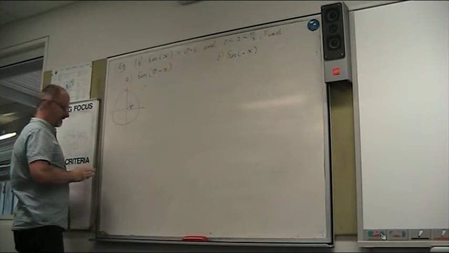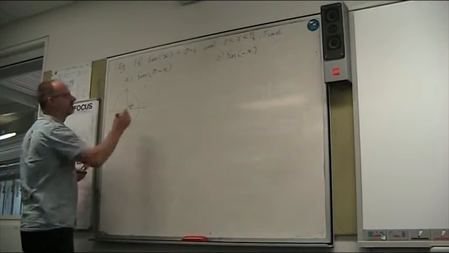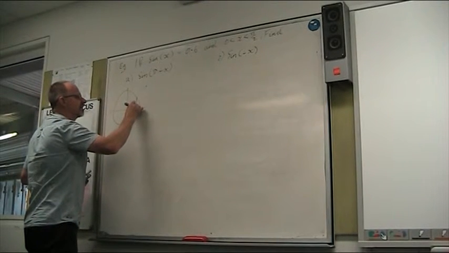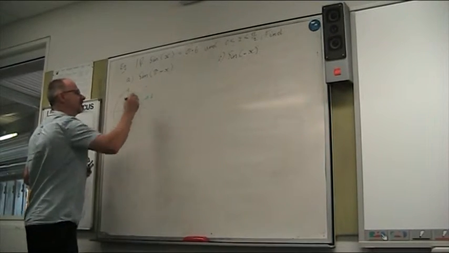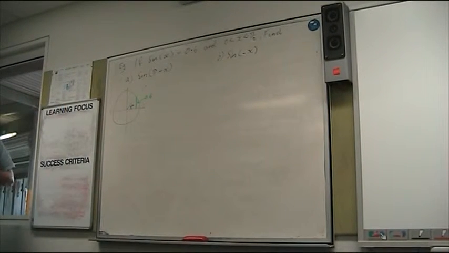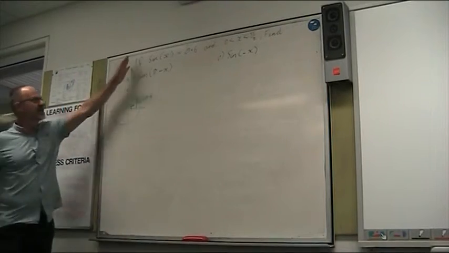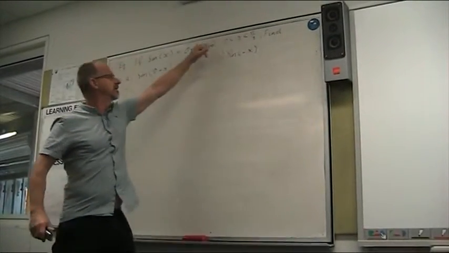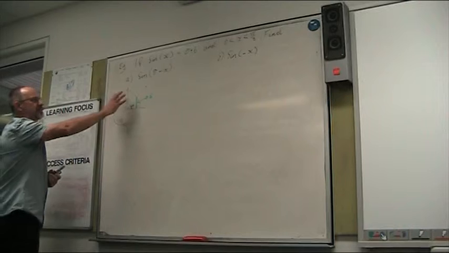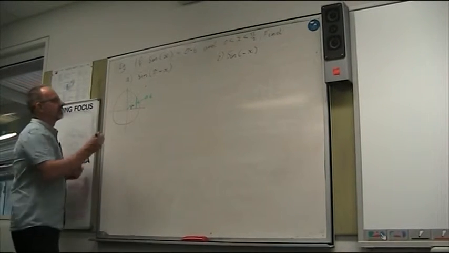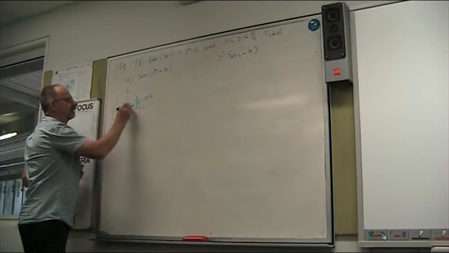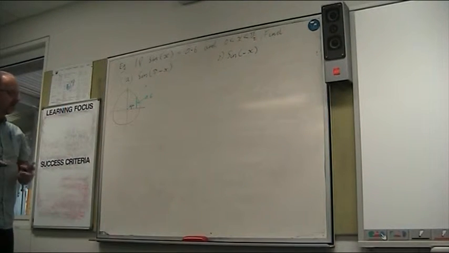What we know about that angle is that the sine value, so that's this length there, is 0.6. Alright, so that's what this information here is telling us. We don't actually know what that angle is, and we don't need to know what that angle is.